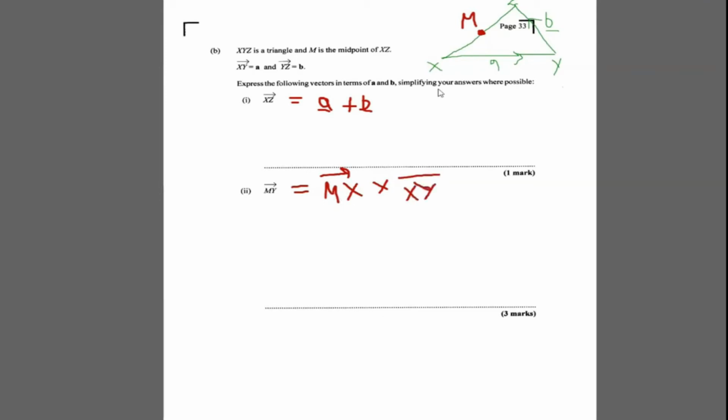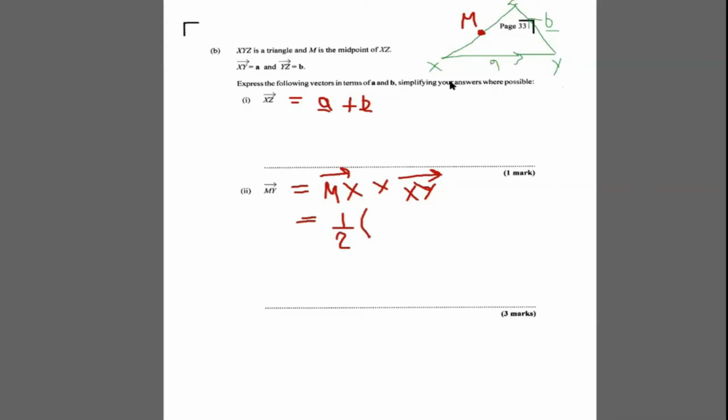But to go from M to X is a half of Z to X. So M to X is a half of Z to X.